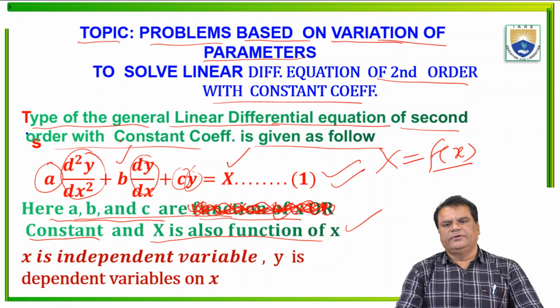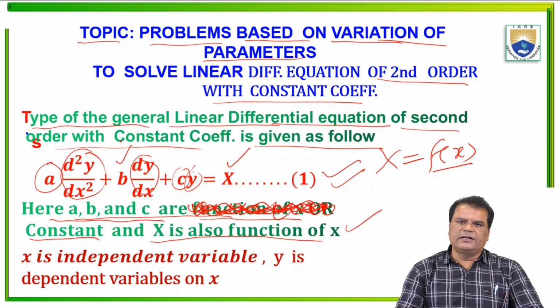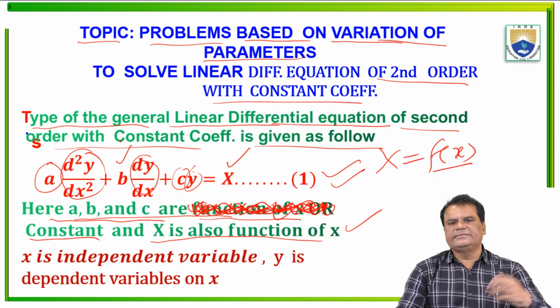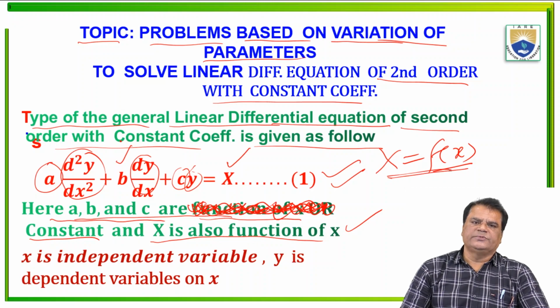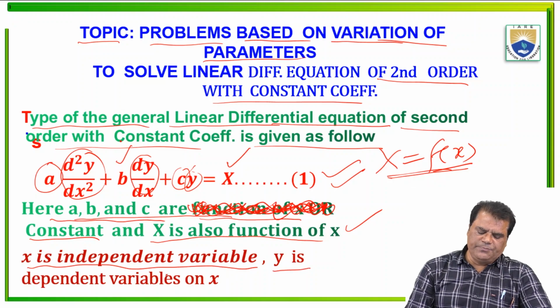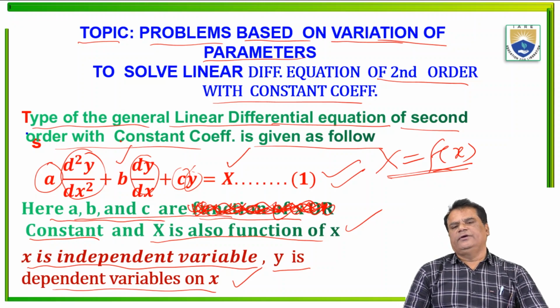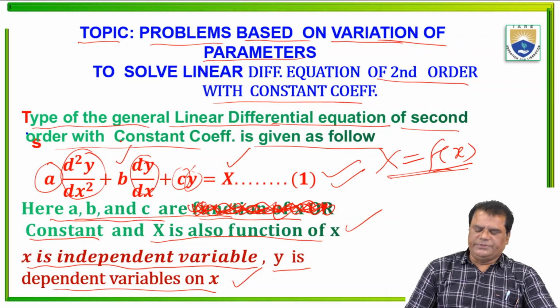A is multiplied with the second order derivative in the first term, b with the first order derivative in the second term, and c with the dependent variable in the third term. The right hand side is some function of x, capital X, f of x. Here x is the independent variable and y is the dependent variable on x. Basically, this is the definition of the general linear differential equation of second order with constant coefficients.